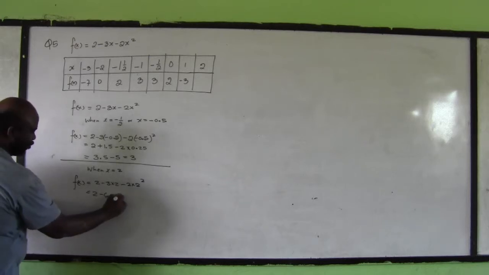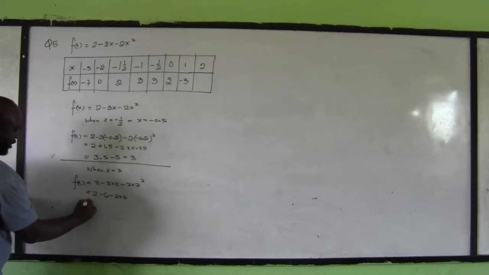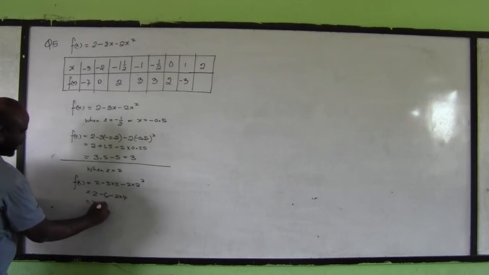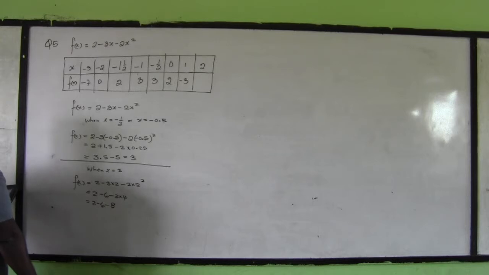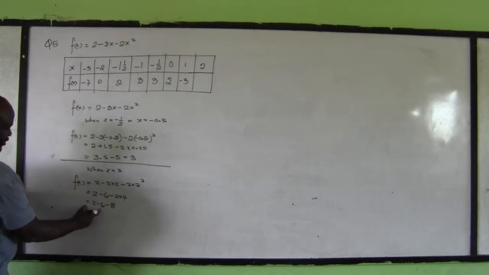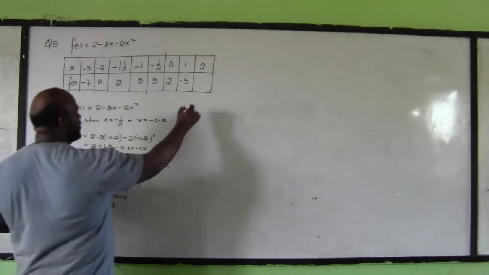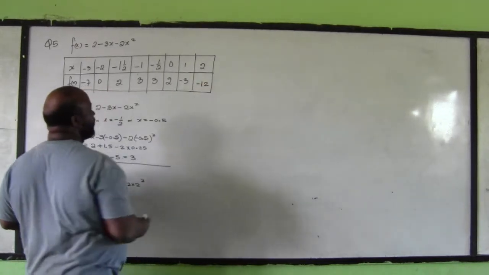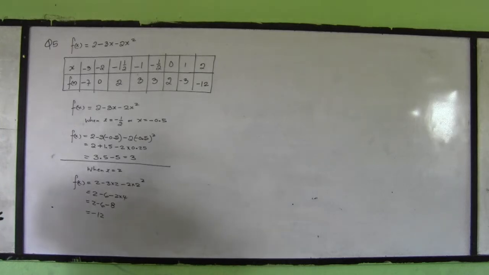This is minus 2 times 4, which is minus 8. 2 minus 6 is minus 4. Minus 4 minus 8 is minus 12. So the value here is minus 12. So we have all our values and you get 2 marks.